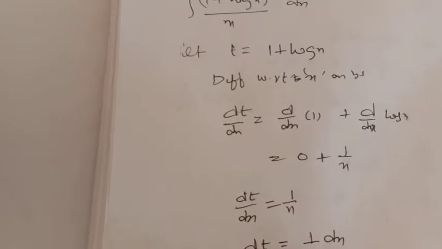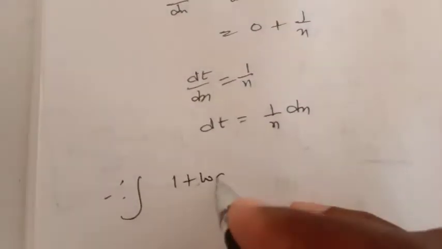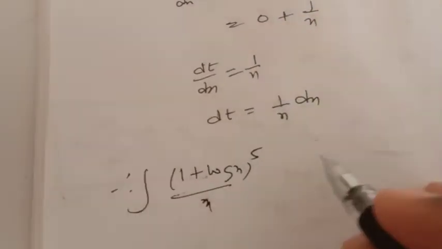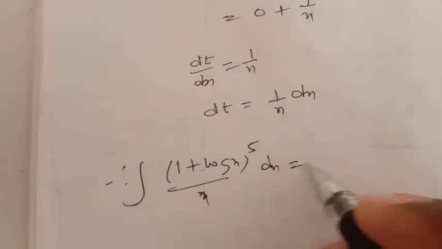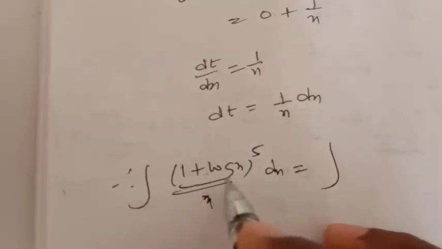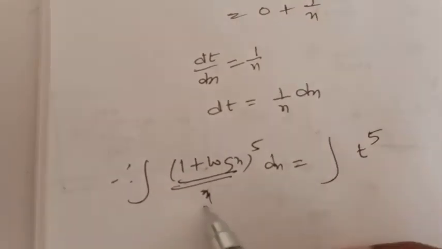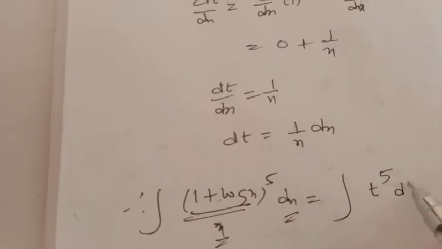Therefore, (1 plus log x) whole to the power of 5 by x into dx, where 1 plus log x equal to t to the power of 5 and 1 by x into dx equal to dt.